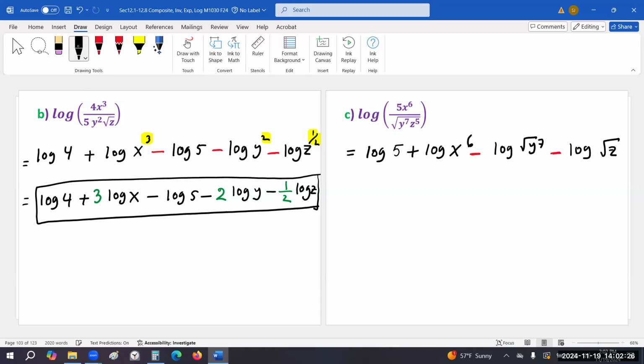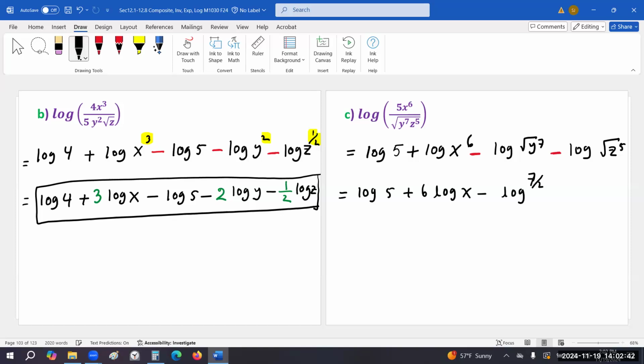So that became log 5 plus 6 log x, minus 7 over 2 log y.